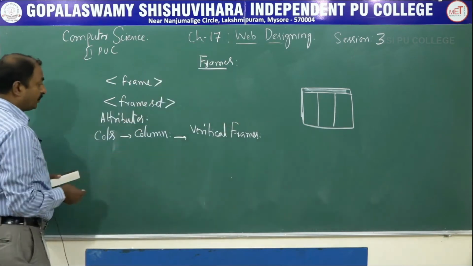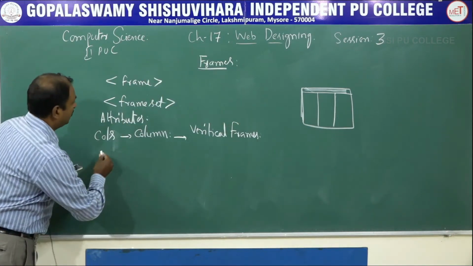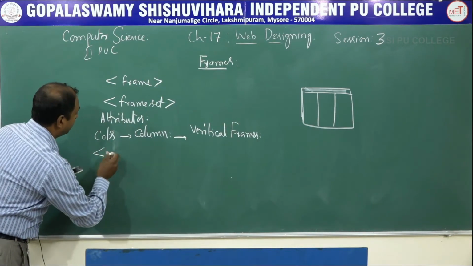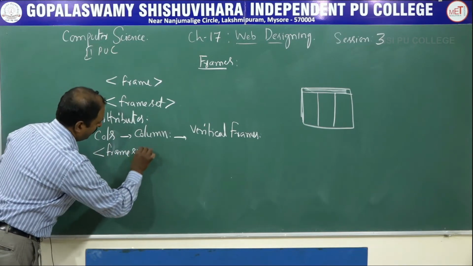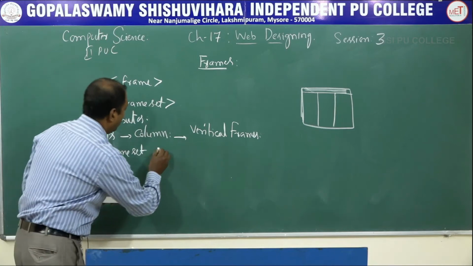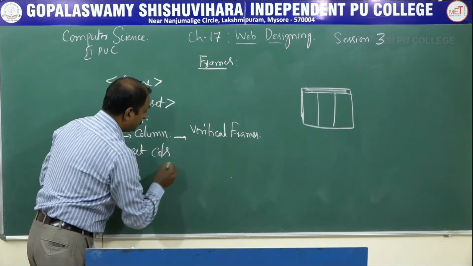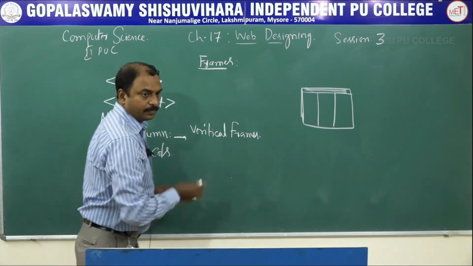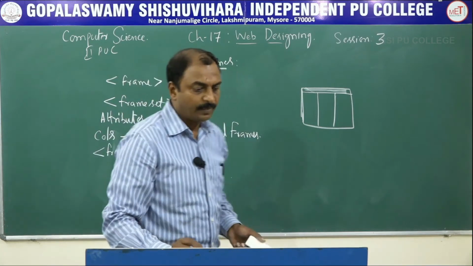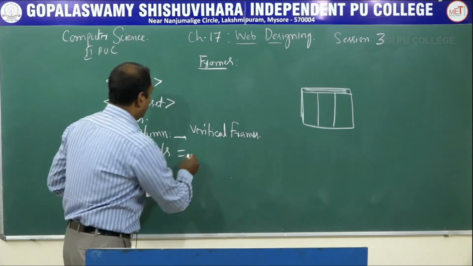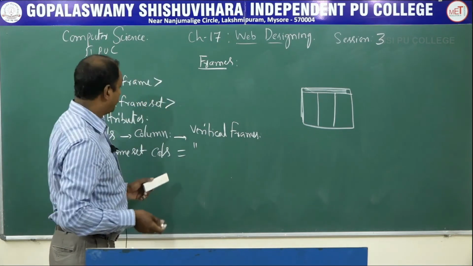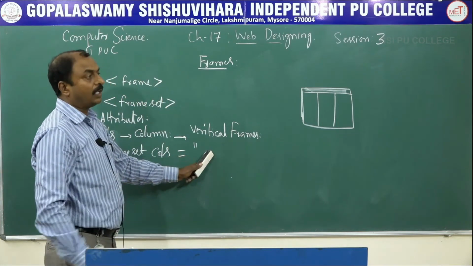What is the syntax of this? How do we use it? Normally the syntax is frameset cols equals, and here we mention how many columns we want.